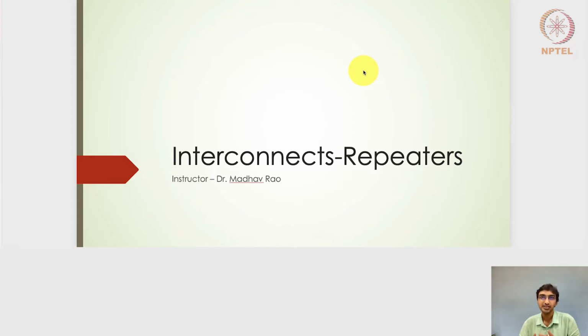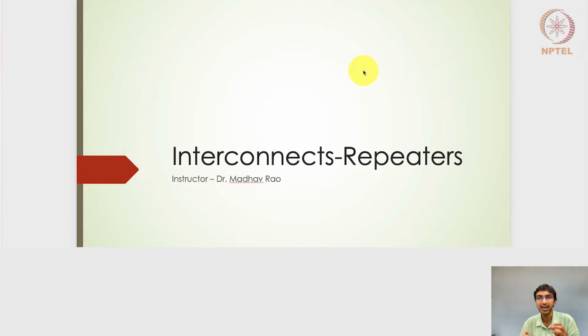So you can consider, if I have one inverter and then another inverter, connected by a very long wire, then there is a signal at the output of the first inverter, and if it has to propagate along this long interconnect, by the time it reaches the other inverter, the signal strength might actually get attenuated.